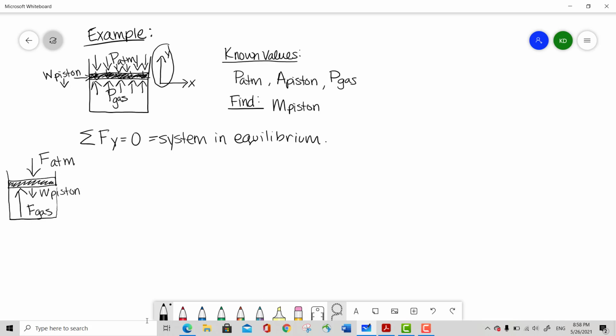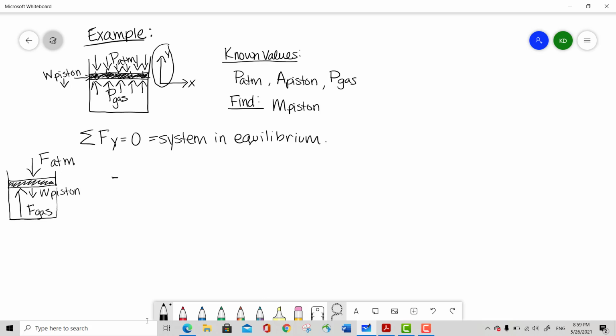Okay, and so we can write this out into these. So you just sum them up. If the atmospheric force is going down, well, then we know that that's negative, right? So it's going negative on the y-axis.